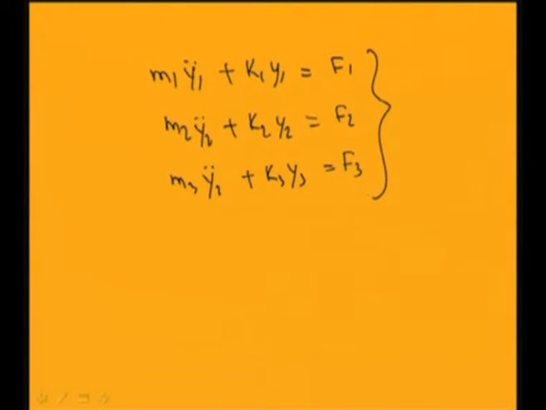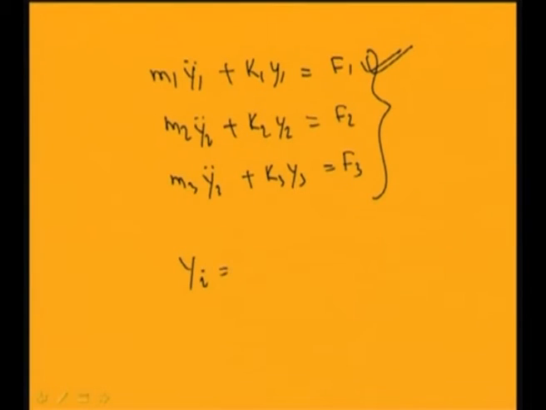Now in case of single degree of freedom systems, you know the solution of this type of equation. So you can take the first equation, its solution will contain two parts. The first part is the complementary function and the second part is the particular integral.